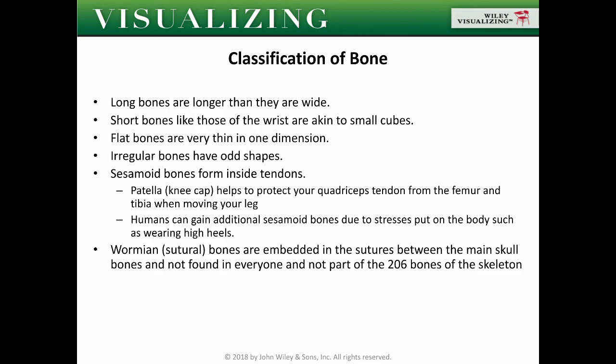The sesamoid bones are the bones that form inside the tendons. You have the patella, the kneecap, and humans can gain additional sesamoid bones due to stress put on bodies, such as wearing high heels. So this is due to the ossification of some cartilage. Now, we also have irregular bones that have odd shapes. So what are examples of that?